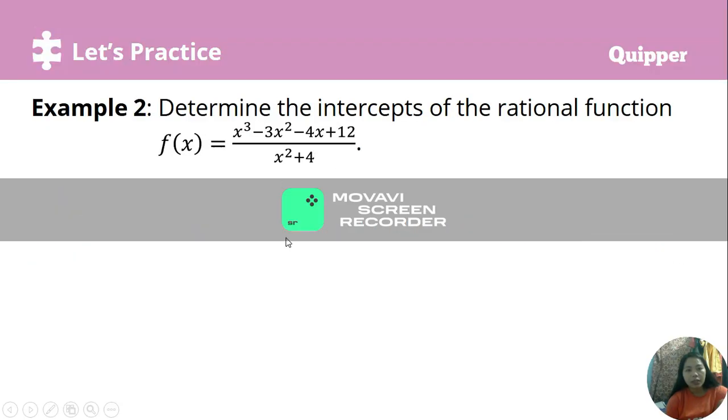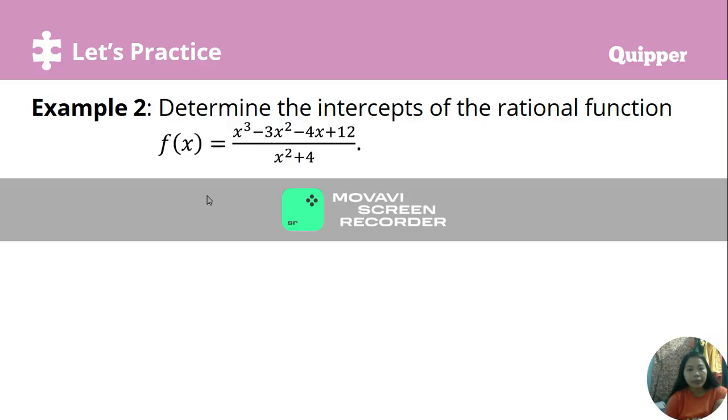Next example, determine the intercepts of the rational function. Again, to find the x-intercept, we will let f of x equal 0. To find the y-intercept, we will let x equals 0.